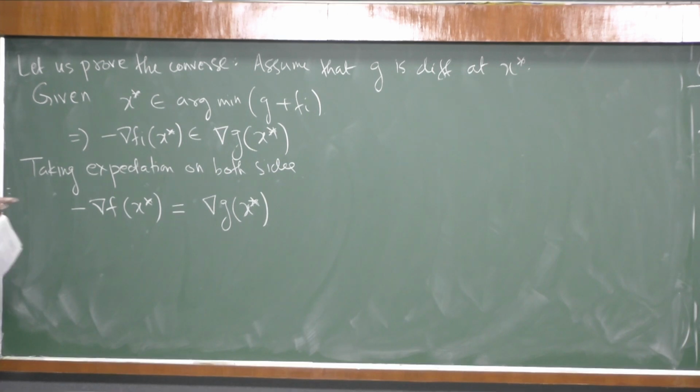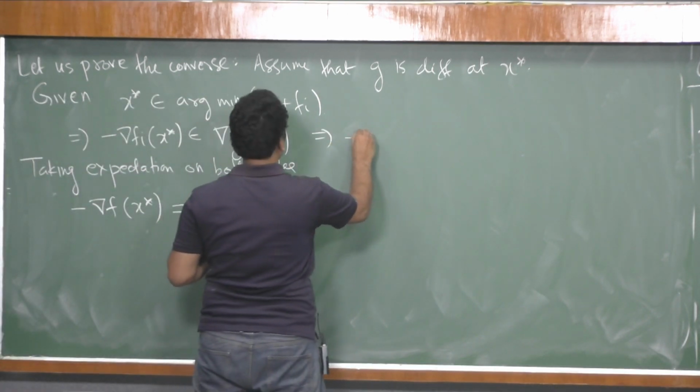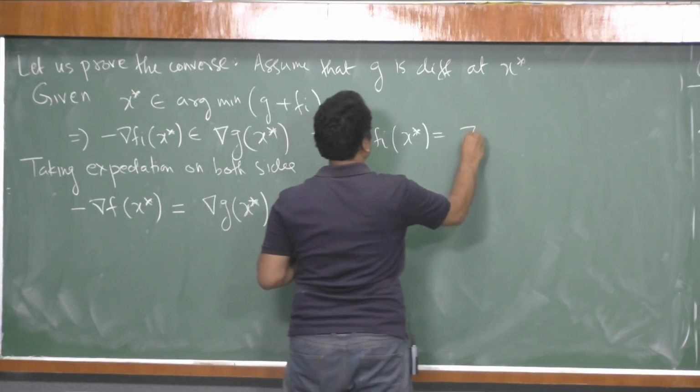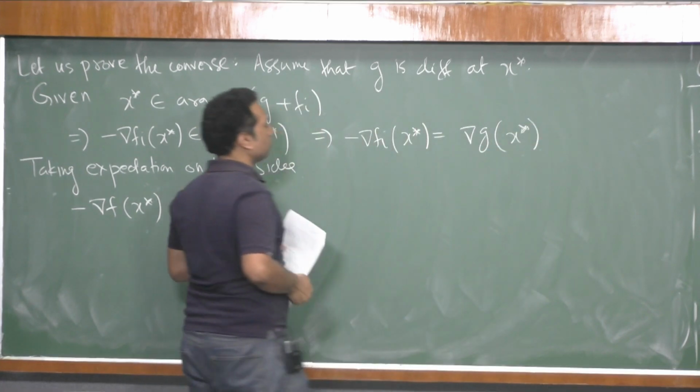This inclusion is the same thing as saying that minus grad fi x star is equal to grad g x star, because it's a gradient now, so it's a unique thing.